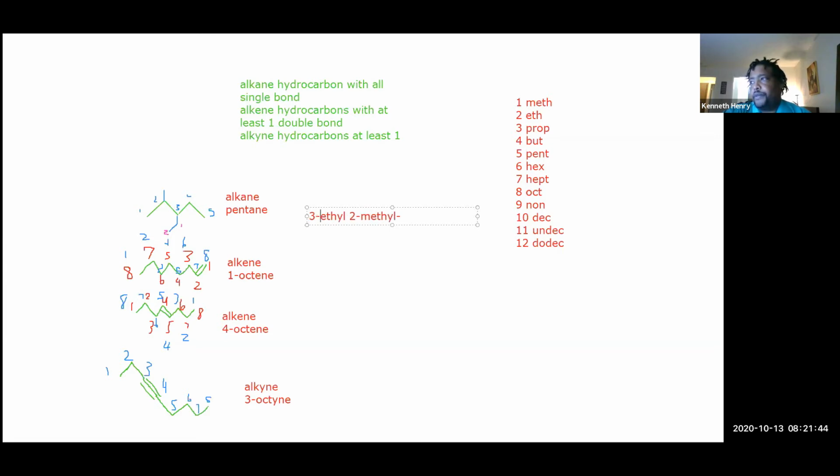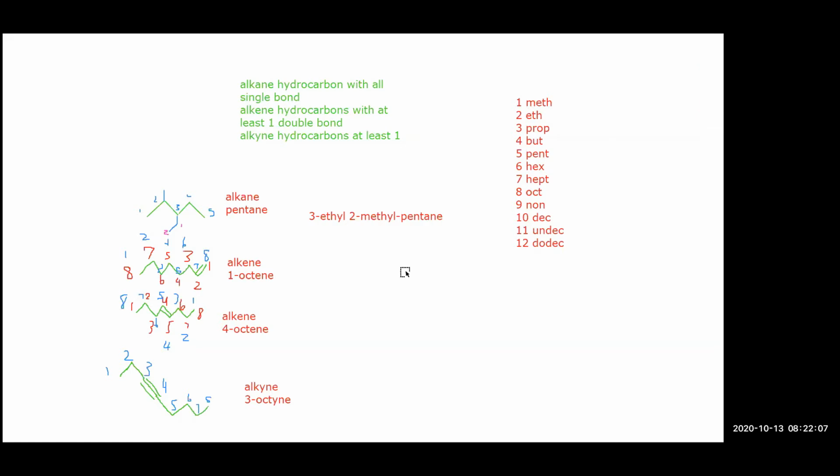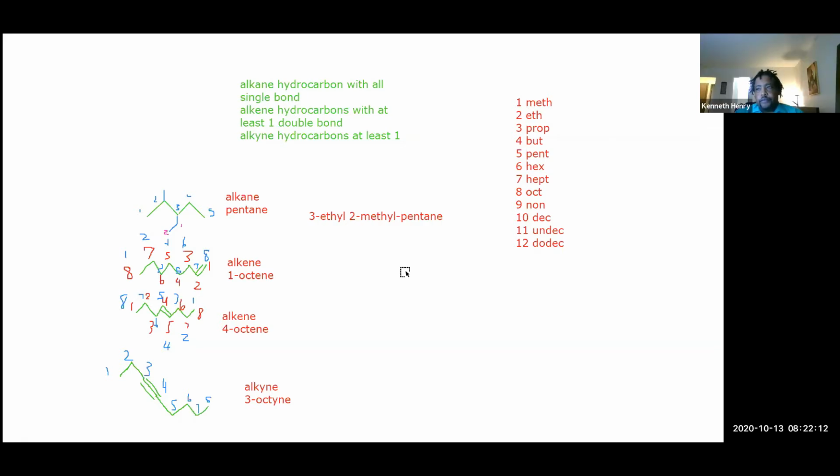So it's on the third carbon. We call it 3-ethyl. And then we use the longest chain that we have, which is the pentane. Okay. You guys see that? Yeah. Yes. Pretty simple, not too hard.